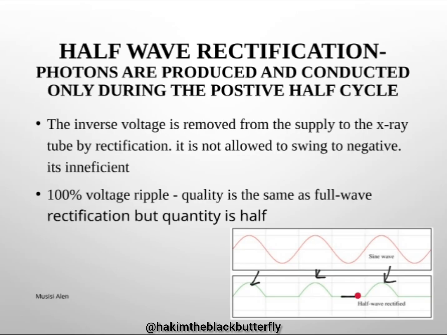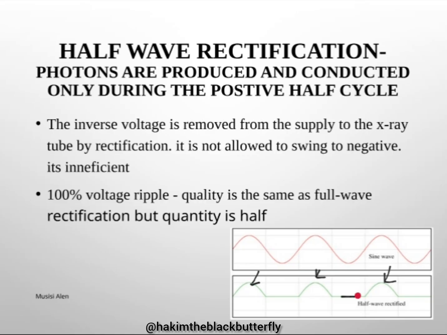So in this case, we have 100% voltage ripple. And what I mean by 100%, I mean that the voltage falls from the maximum to zero. We call that 100% voltage ripple.